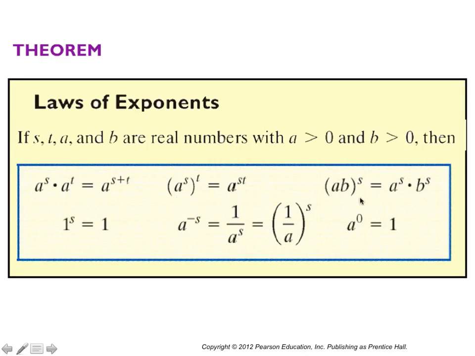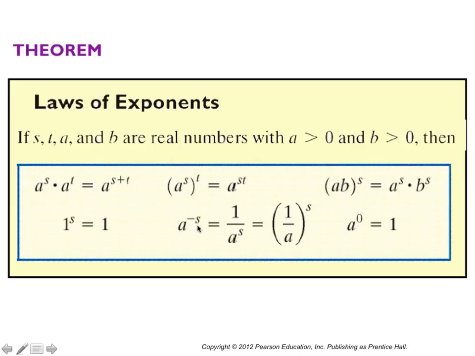That's given right here. If you have two things that are multiplied within parentheses and then that is all raised to a power, you can actually split it apart. So you can raise a to the s power and b to the s power and then multiply. If you recall, 1 to any power is just going to be 1. And then if you remember anything about negative exponents, hopefully what you remember is that you can always take it and move it into the denominator and make it positive.